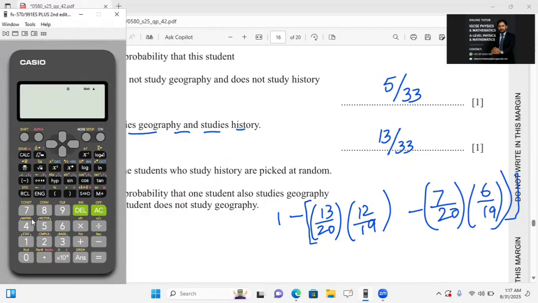Okay, 1 minus bracket start, fraction introduced. 13 multiplied by 12 is 156, and 19 times 20 is 380. Minus 6 times 7 is 42. I want to introduce the fraction again, so it is 42 divided by, again, 380.